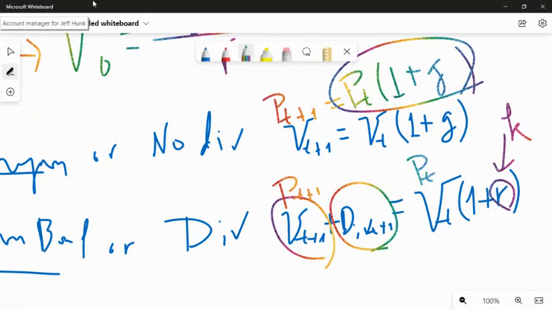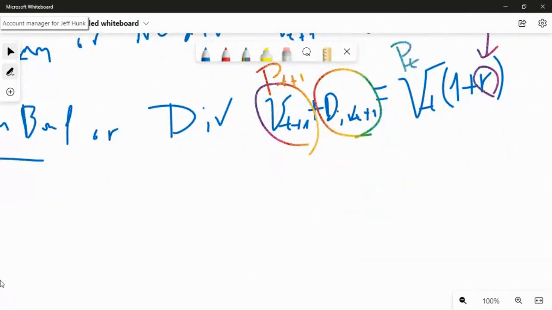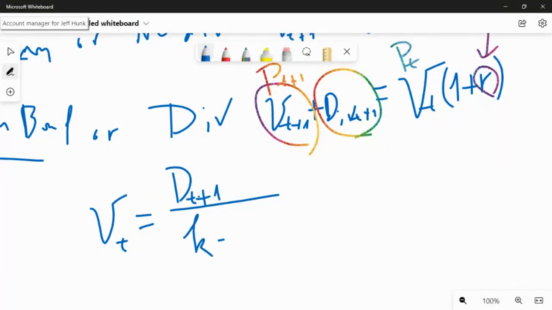Next period is, so we came to, okay, VT equals dividend at t plus 1 over K minus G or R minus G. K and R, the same thing.